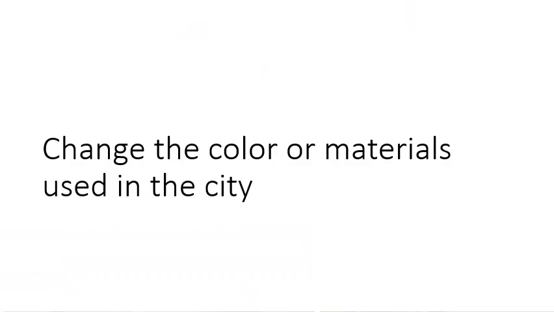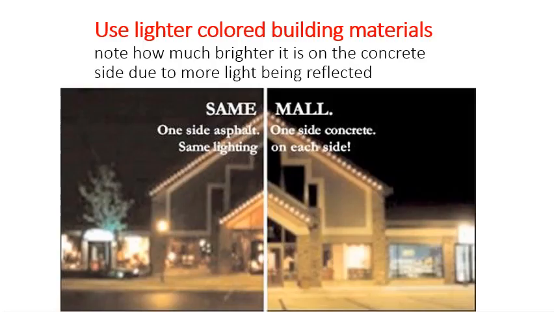Now, in addition to plants, if we use some different colors or different materials, we can help change the temperatures of cities. Now, this was an example being used to demonstrate how you can maybe use less electric lights and get the same amount of light. If you paint things a lighter color, you know that light colors are going to reflect more sunlight.